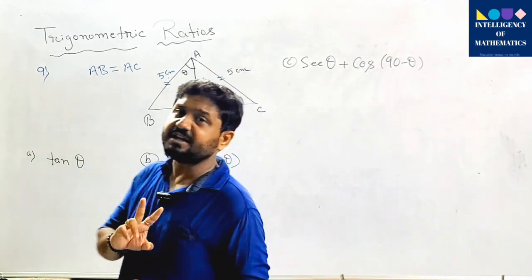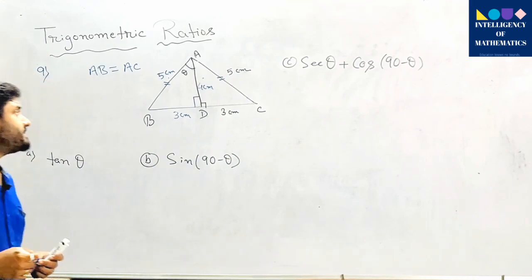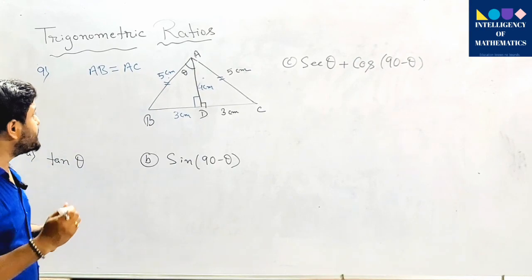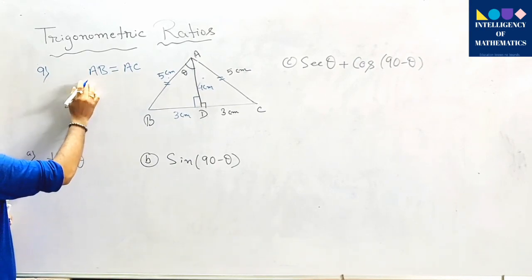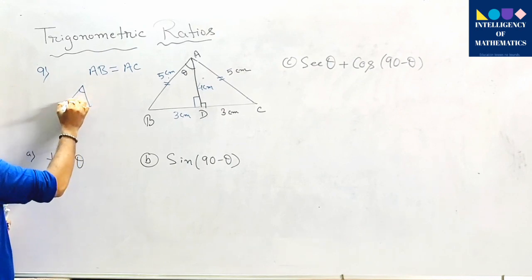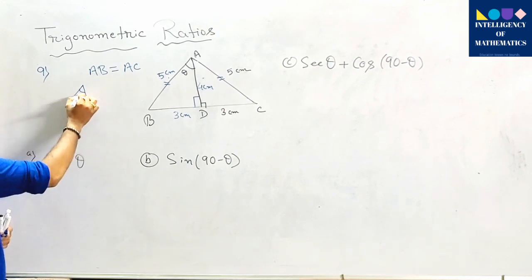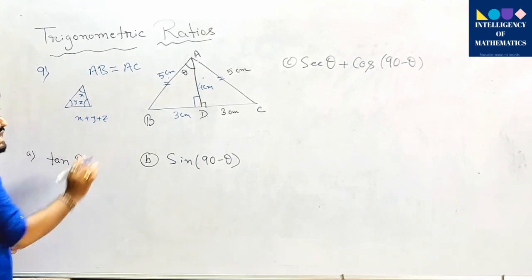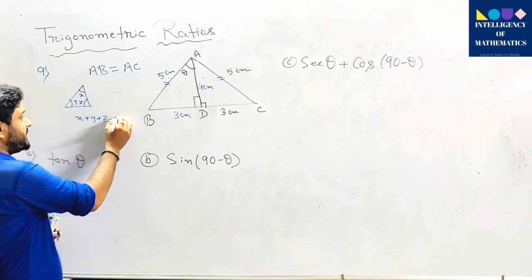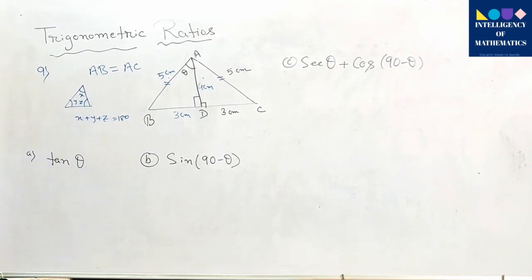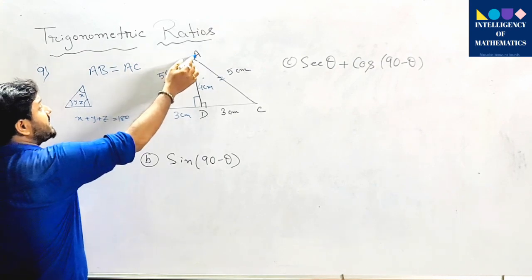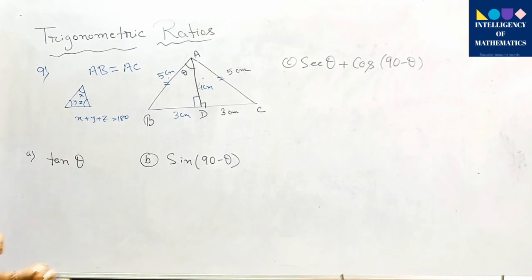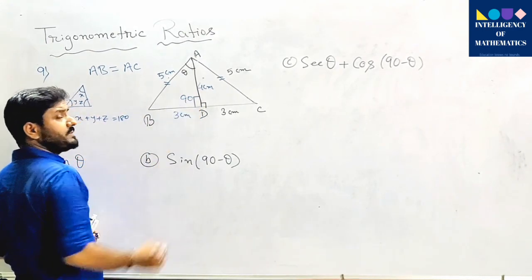For that, one additional piece of information you should know. That is, we know the sum of the 3 angles in a triangle. Suppose it is a triangle, and these are the 3 interior angles, suppose this is x, this is y and this is z. So x plus y plus z is always 180 degree. So according to this triangle, if we consider this theory, this is 90 degree.